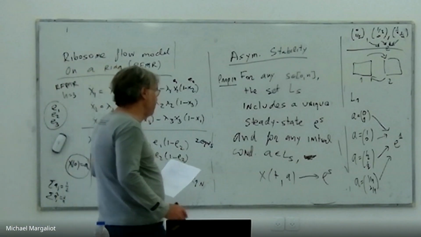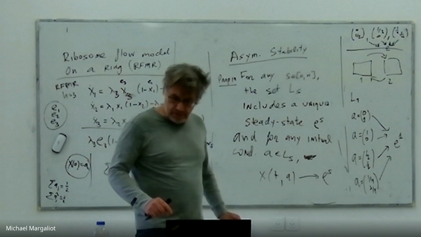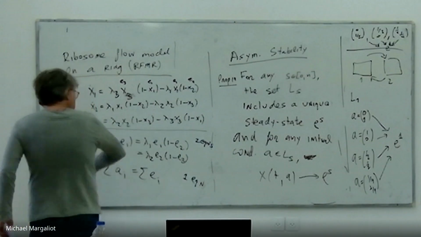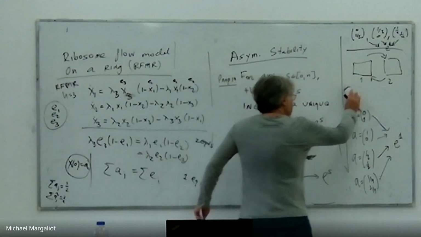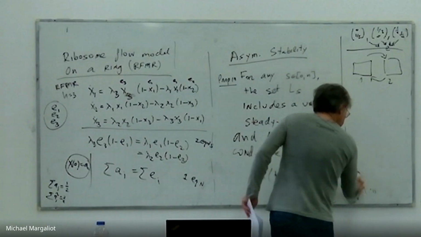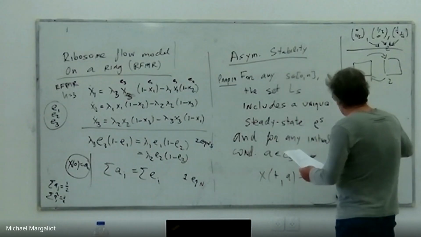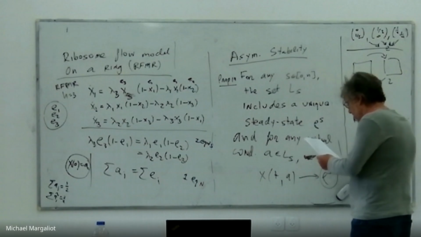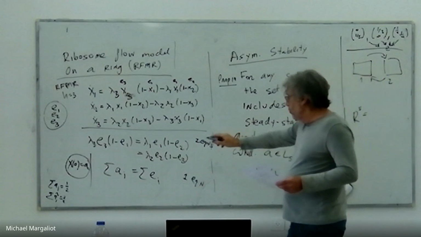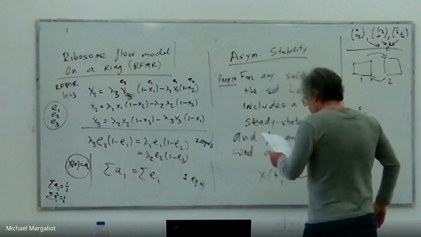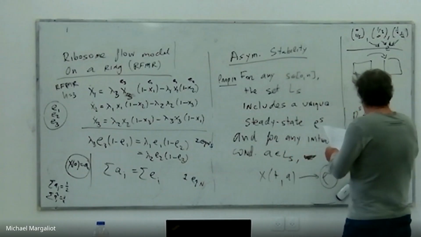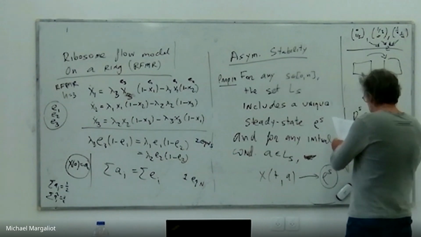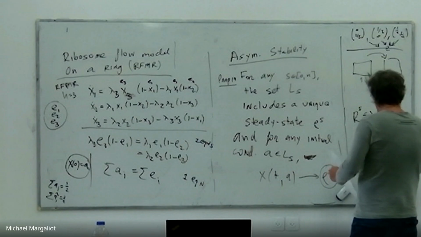Let me just say one thing here, one notation that I forgot to introduce. After I converge to the steady state E^S, the flow is any one of these equations. So for example, I can take lambda_{n-1} E_{n-1}^S multiplied by (1 minus E_n^S).